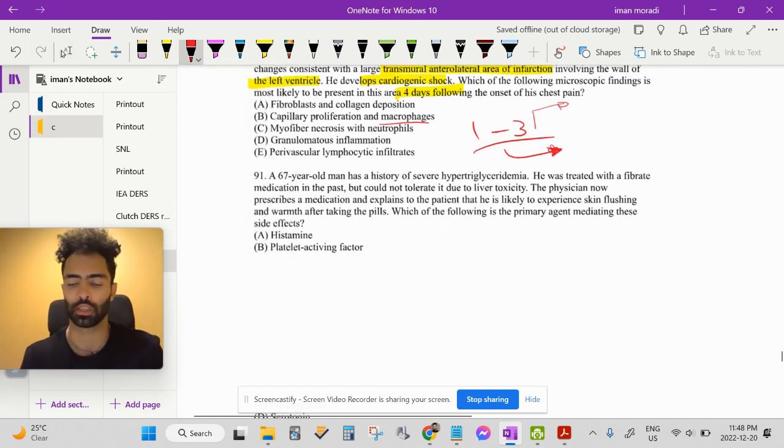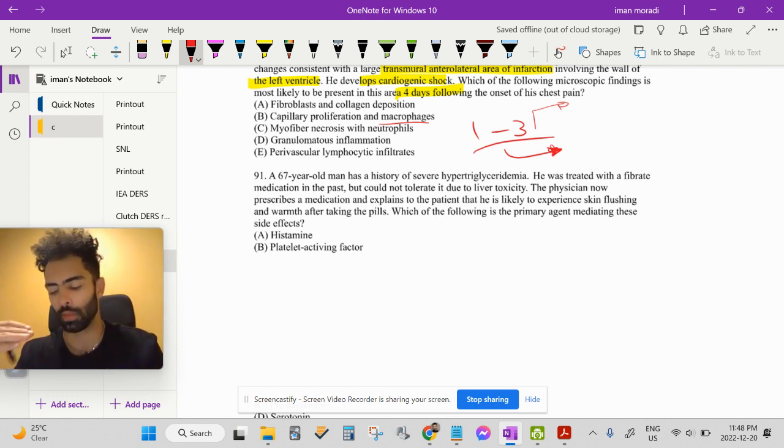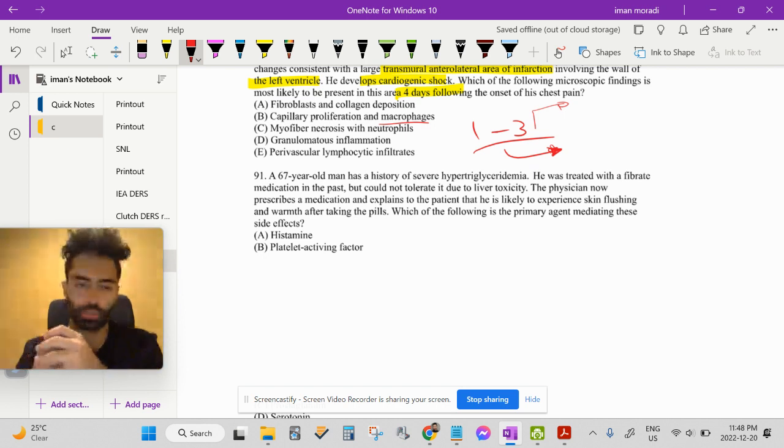Neutrophils give problems like pericarditis, but macrophages destroy the existing tissue to build new stuff, and that causes looseness, which causes all the ruptures that you see.